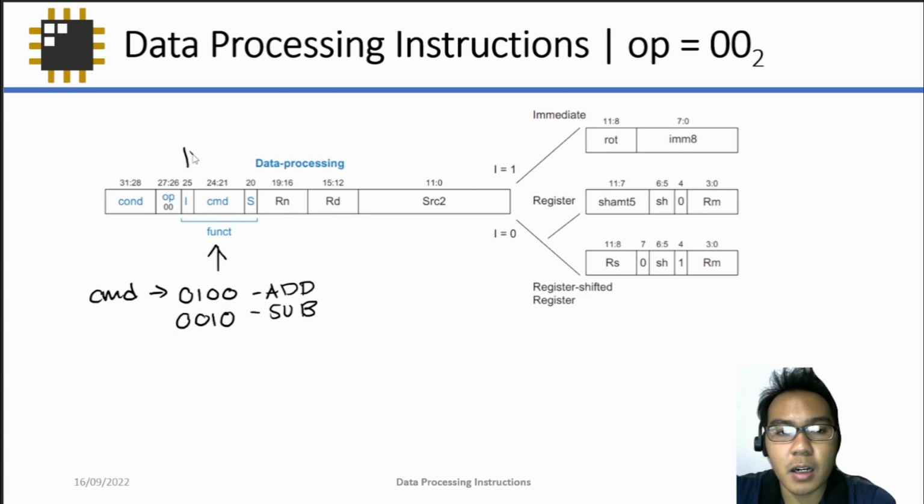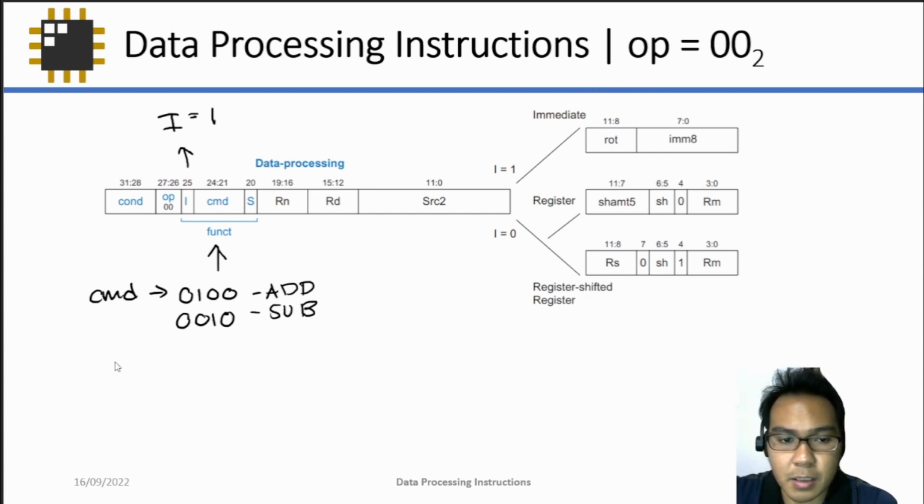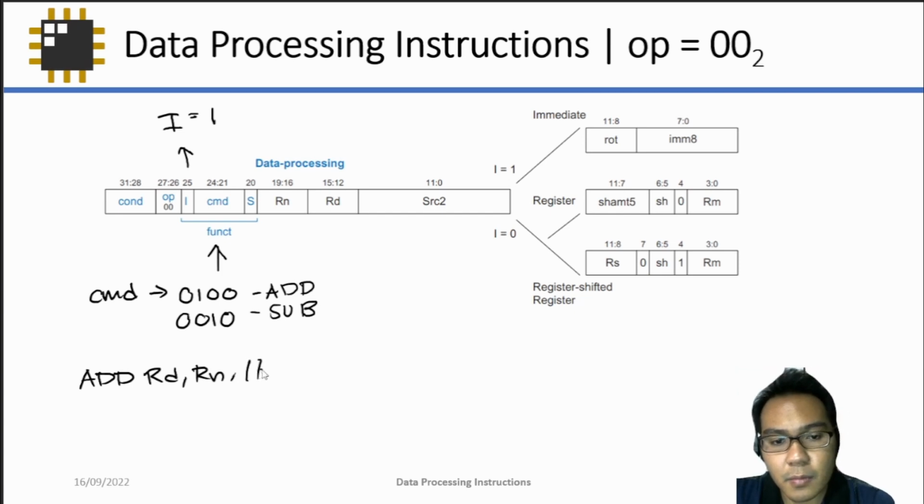What's I? So I is actually the thing that specifies. So if I equals 1, then we have immediate addressing, and say for example for an instruction that's like this, then I would be 1 because it has an immediate in it, so that means it uses immediate addressing.